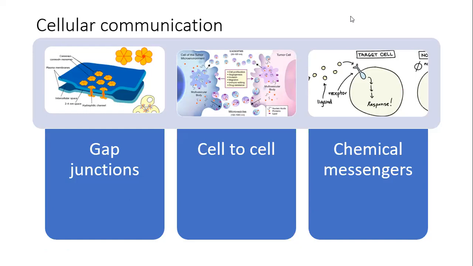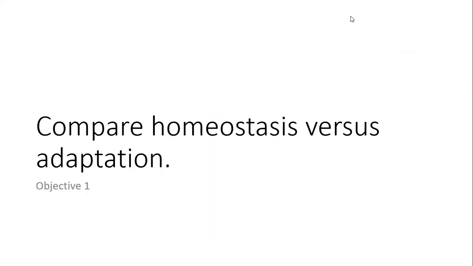That's a big piece of the immune response, which you'll hear more about later. And then there's chemical messengers, which are secreted by one cell and trigger a response in another cell. So those are the main mechanisms.